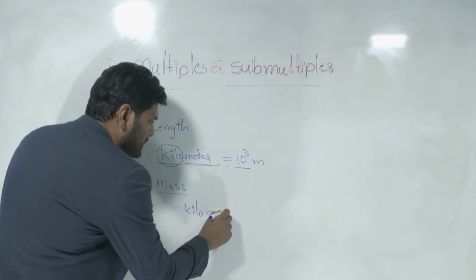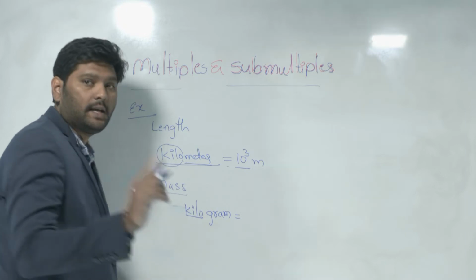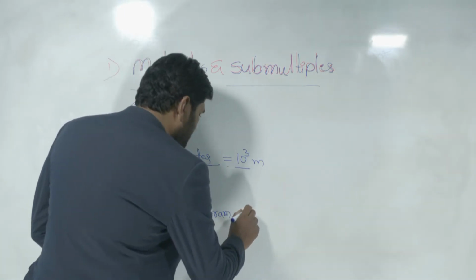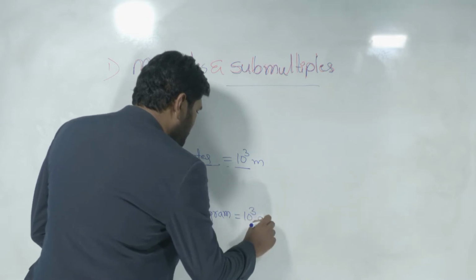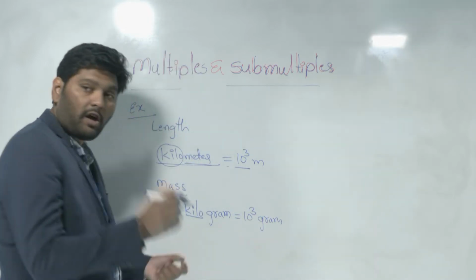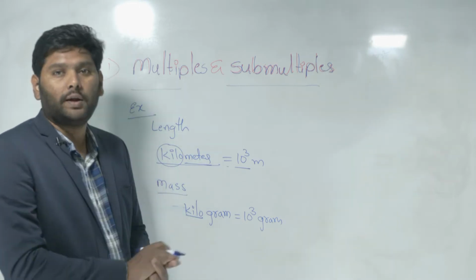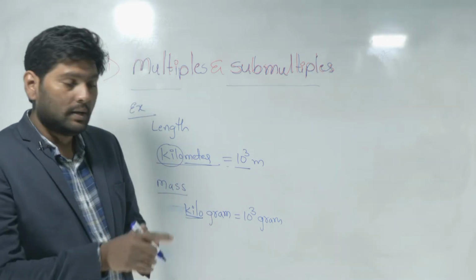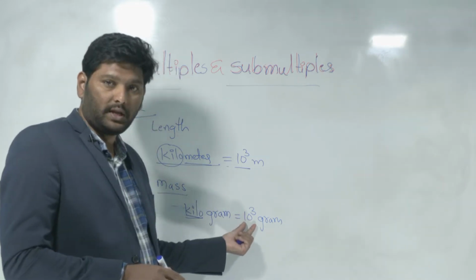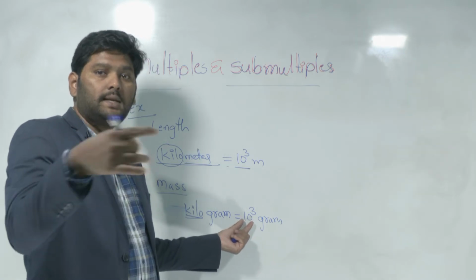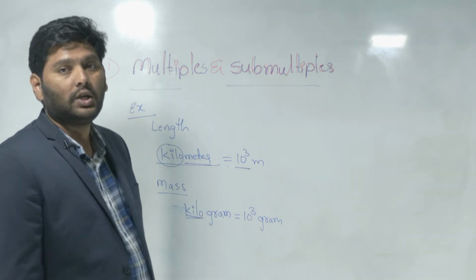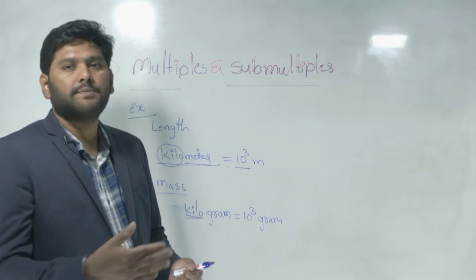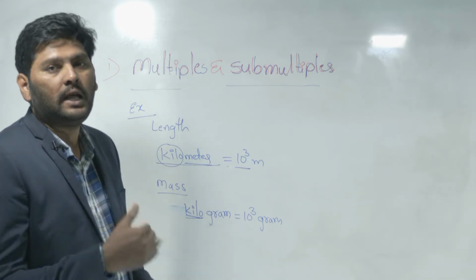Here the kilo is a multiple of 10, so what is this multiple? 10 power 3 grams we will call a kilogram. So the kilo representing the multiple has the value 10 power 3. The 10 power 3 grams is called kilogram, shortly we call it kilogram.